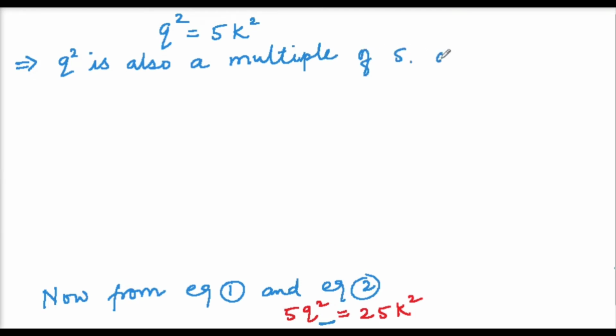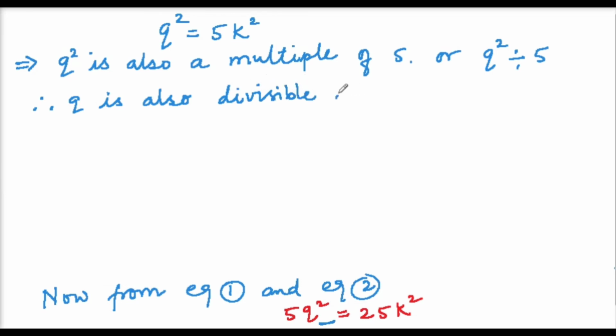We can also say that q square is divisible by 5. By the property, if q square is divisible by 5, therefore q is also divisible by 5.